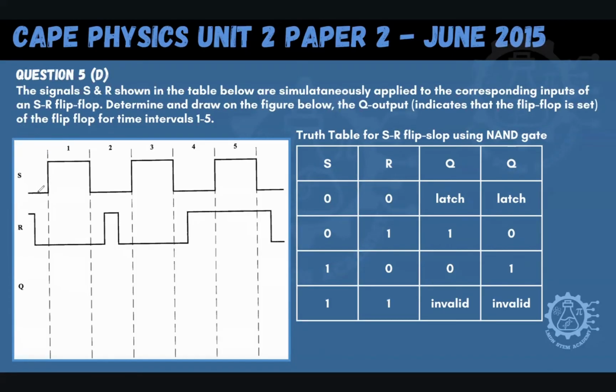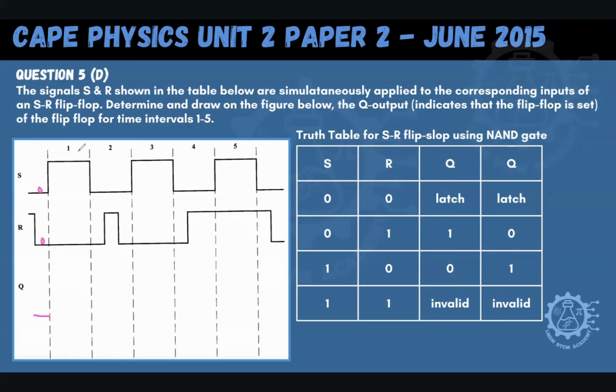We notice that S is at level 0. It's in that low state, whereas R is also in a 0 state. So they're both low. And so if I were to draw something for my Q, that would be in a latch state, so it would also be 0. So I'm just going to draw a line representing 0, a low state for Q, right?